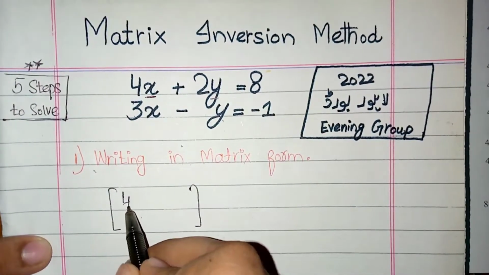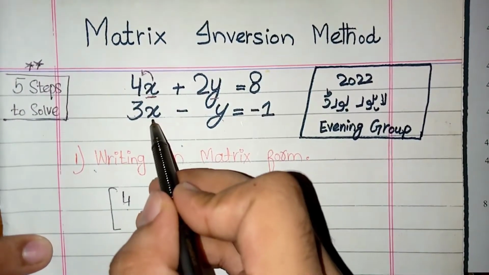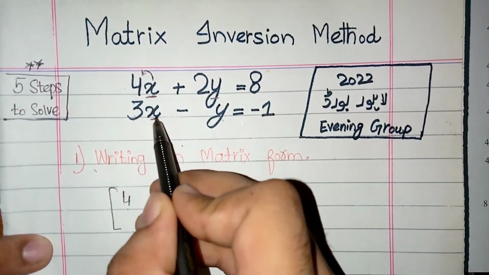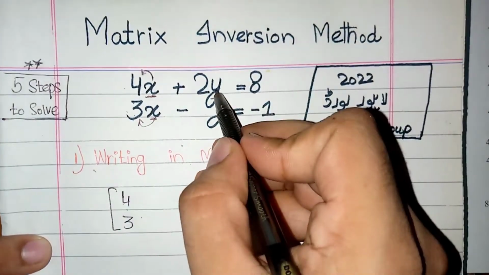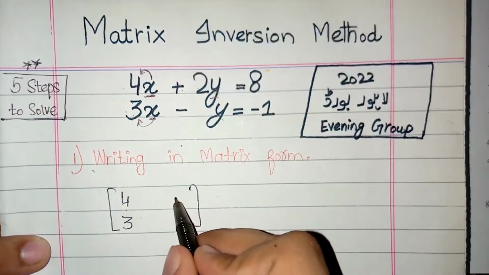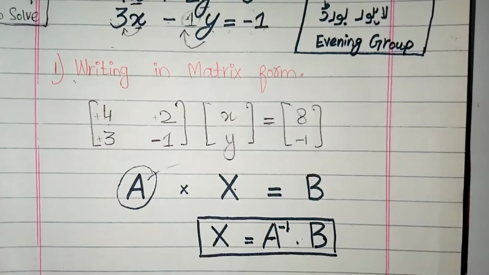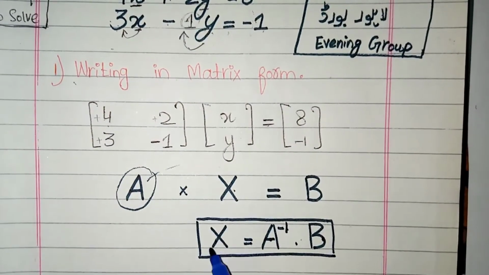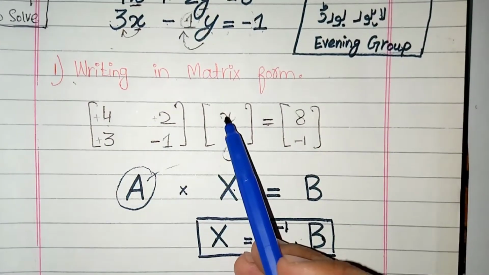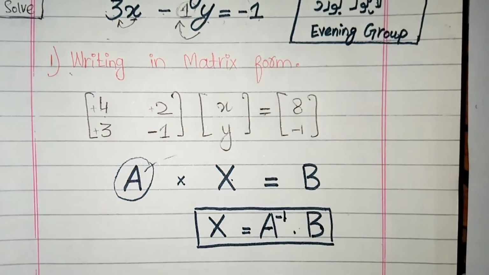Here I have the coefficient of x, which is positive 4, the coefficient of x, which is positive 3, the coefficient of y, which is positive 2, and the coefficient of y, as you can see here. So we have to find capital X, which contains x and y. So capital X is equal to the inverse of A times the matrix B.